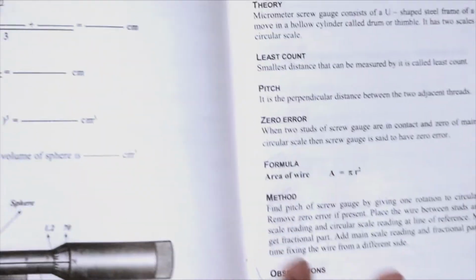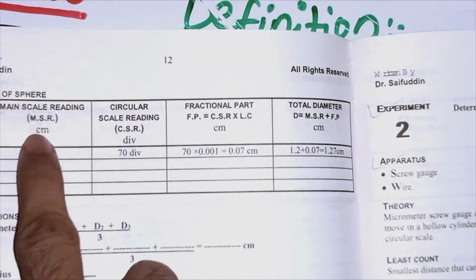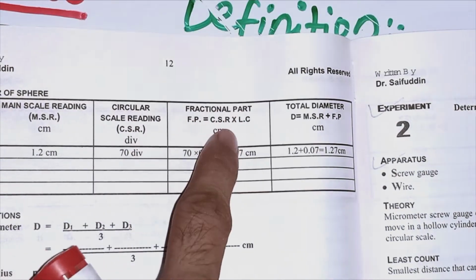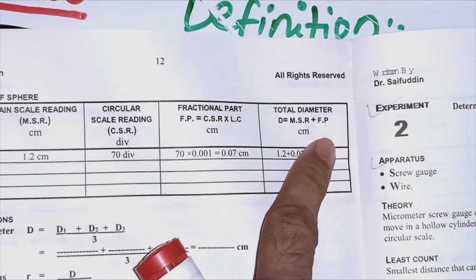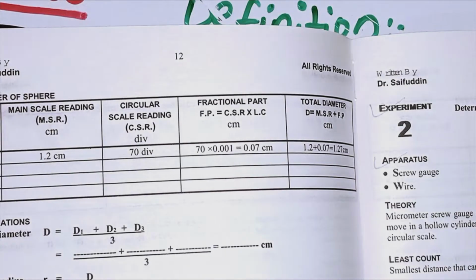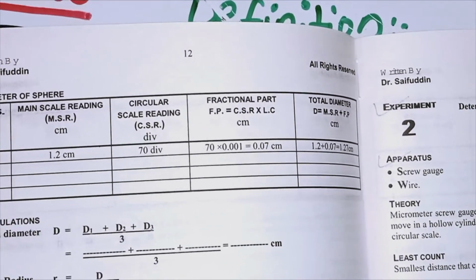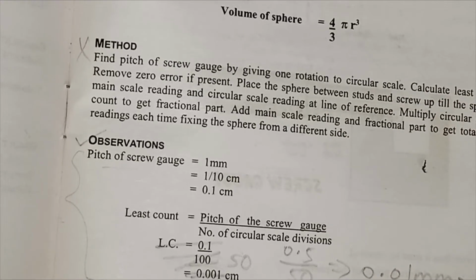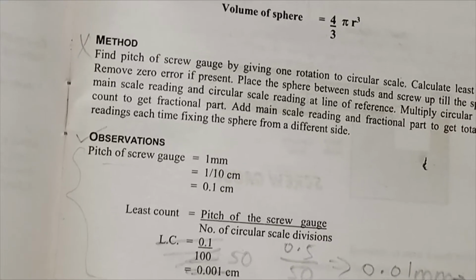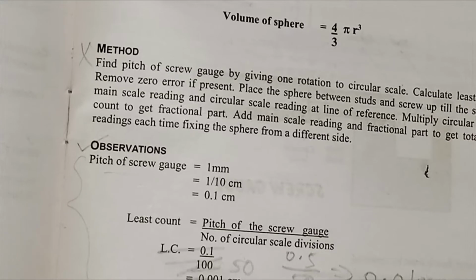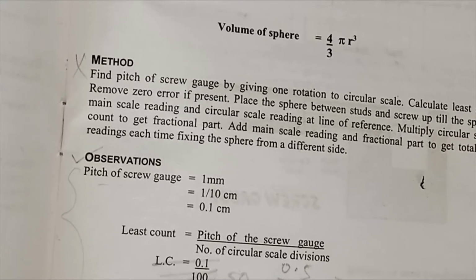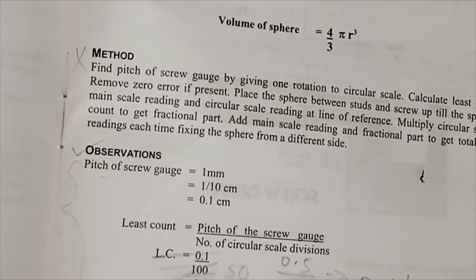After that we have to note all the readings: main scale reading, circular scale reading, fractional part, total reading. So we will start our experiment with the apparatus. In our case we have 50 divisions on the circular scale.